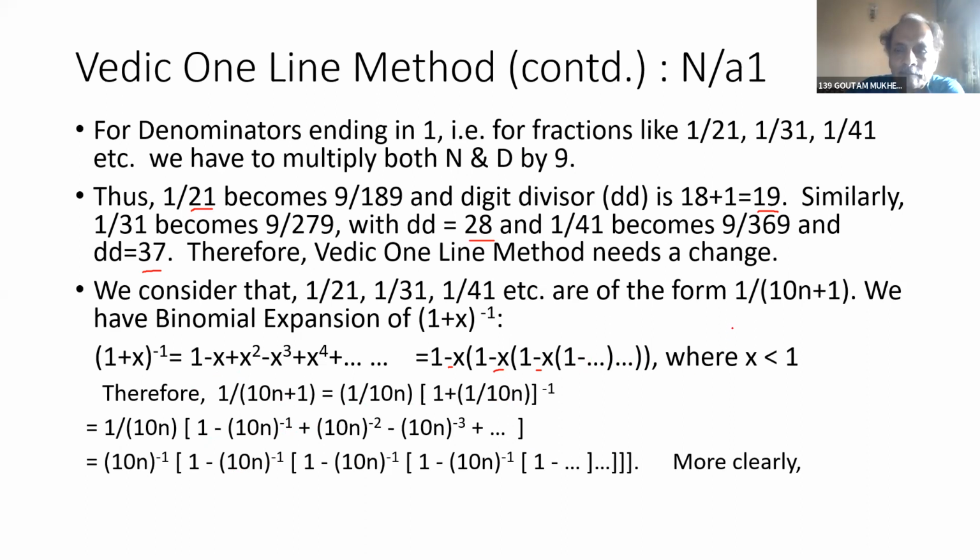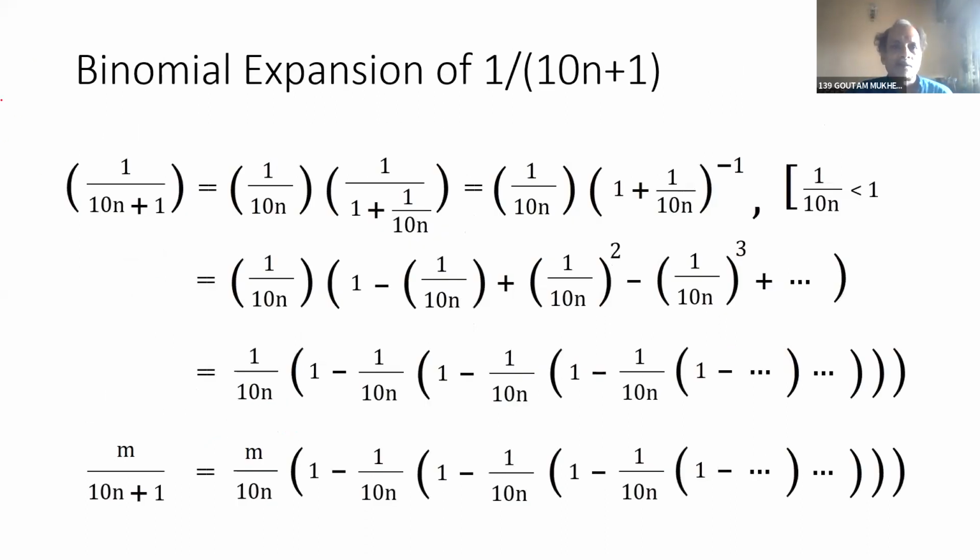I'll tell you more clearly in this particular format. Earlier we had shown it like this, except it was minus. Now this is always minus. And finally I come to quotient and remainder.